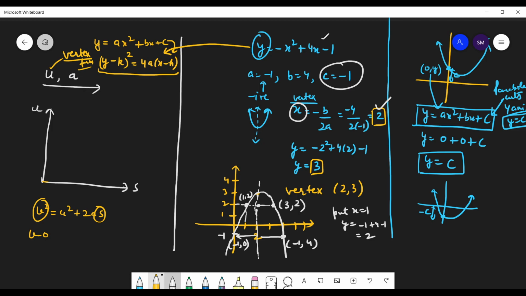Or you can also write it as (y minus k) whole square minus this equals 0. That is also the same thing. So what is the vertex from this form?